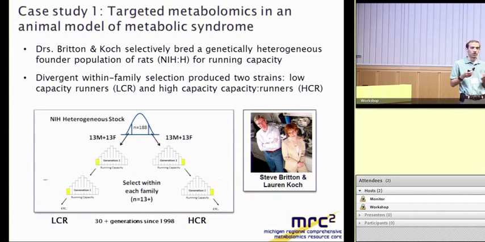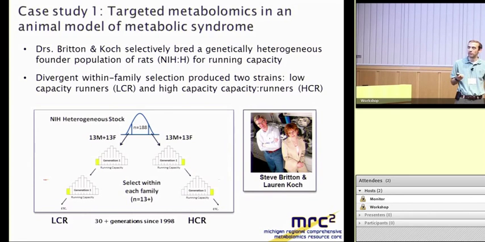So a fairly simple protocol. Rats were put on a treadmill and allowed and encouraged to run. Those that ran really well were bred with other rats that ran really well, and those that did not run well were bred with other rats that did not run well. Their offspring were then tested the same way, and successive breeding was done with the edges of the population, in such a manner as to minimize inbreeding, so that we weren't trying to create a genetically homogeneous line of rats.